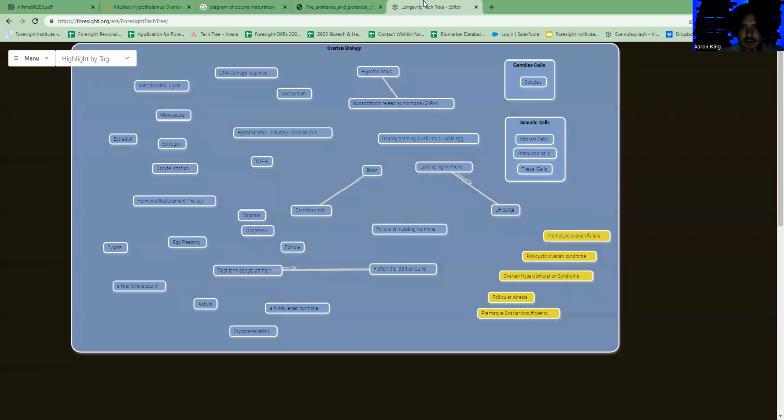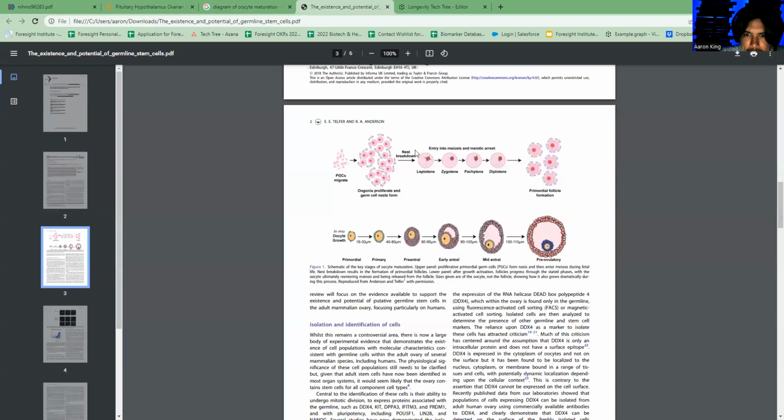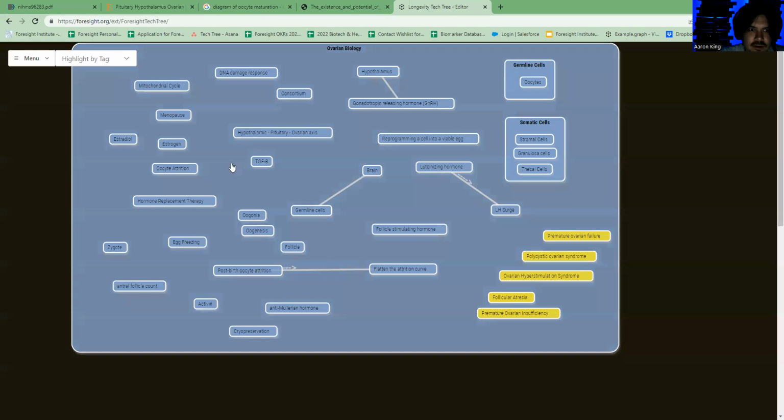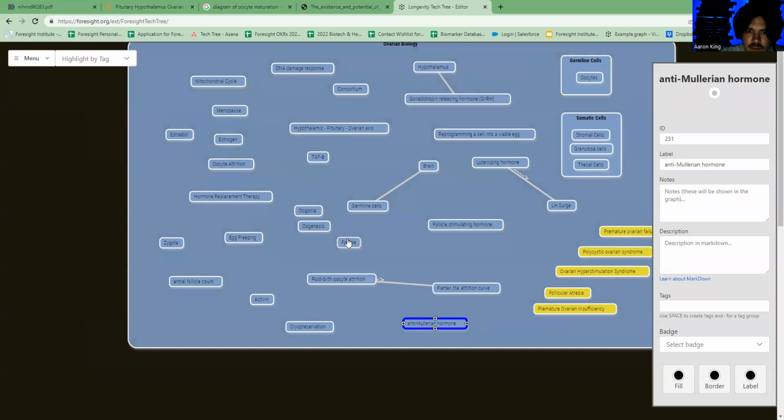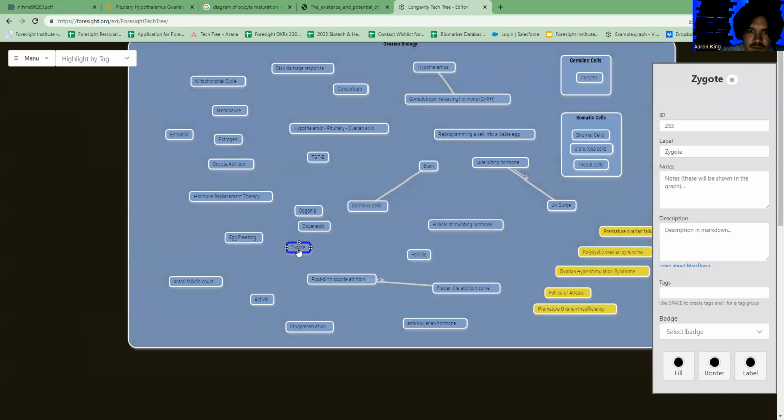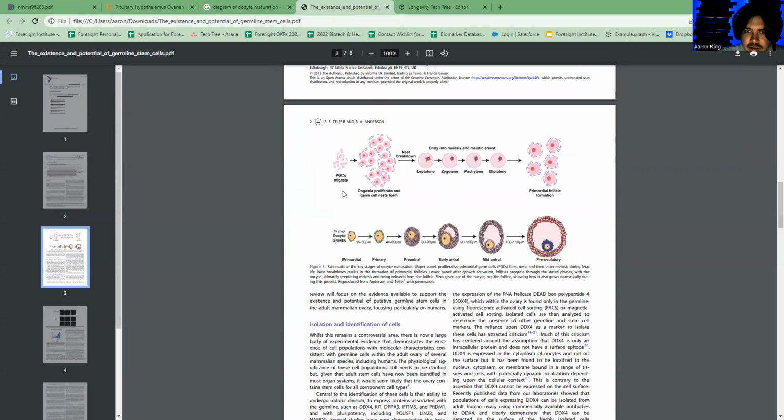Okay. Primordial follicle formation, follicle. Zygotene, pachytene, leptotene.